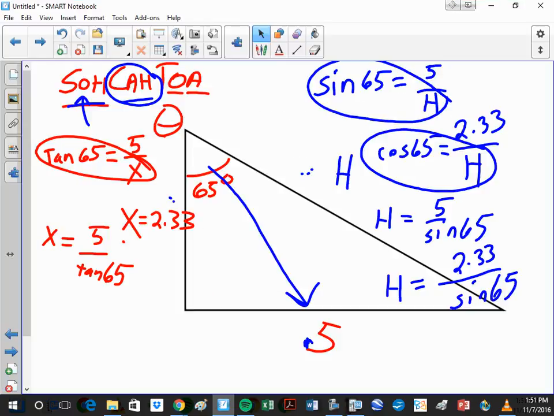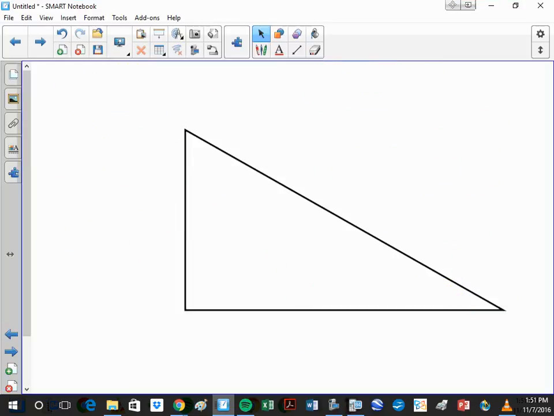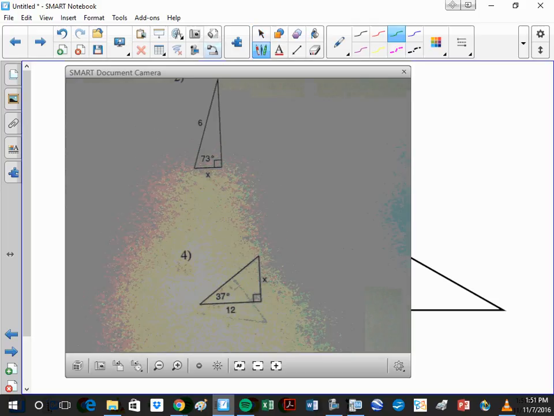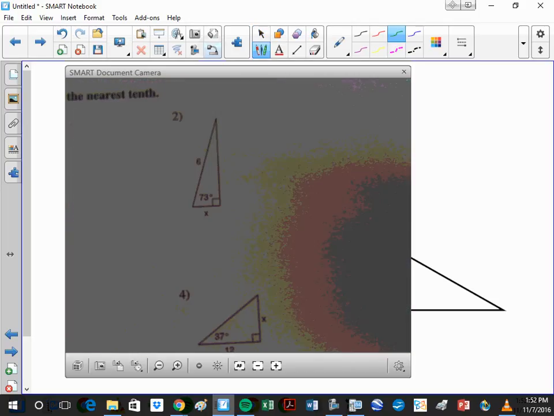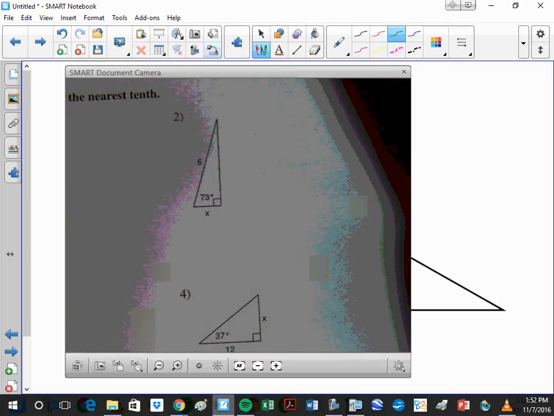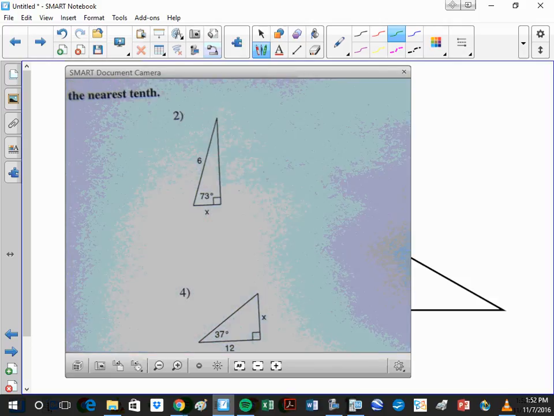So your assignment today, let's look at number 2. You've been given one angle, one side, and it asks you to find one of the other sides.